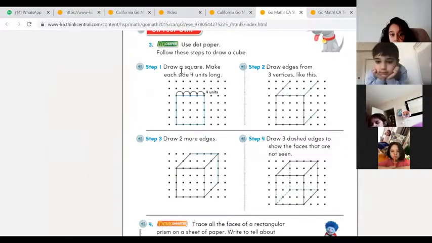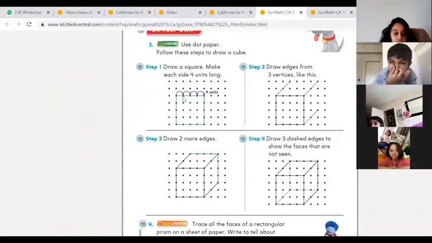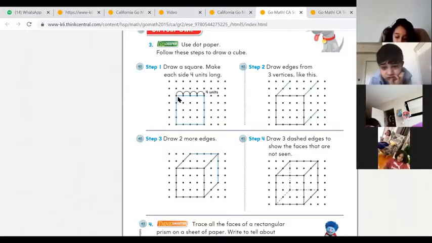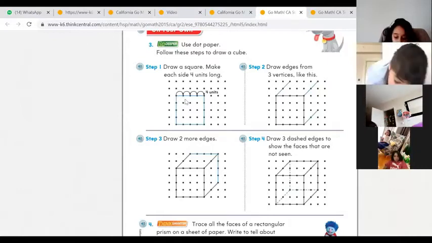So you will draw a square, then make each side 4 units long. 1 unit is the distance between one point and another, okay? This is 1 unit. So 1, 2, 3, 4. That is 4 units. So a unit is the distance between one point to another.